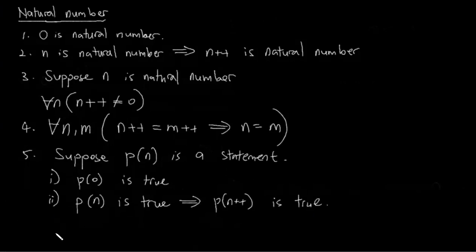Then with these two conditions, the whole statement will imply that for all n, P(n) is true. So this is the scheme of mathematical induction. And this must be an axiom in order for us to further prove theorems that include the natural numbers as the system.